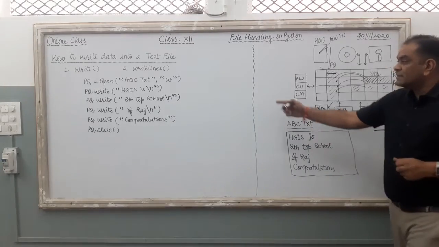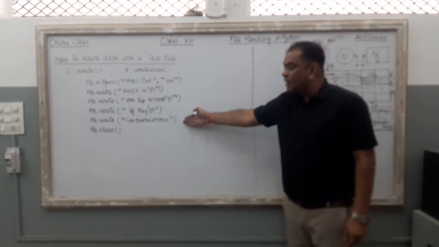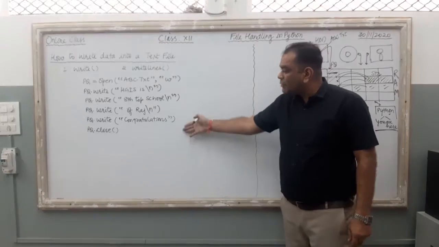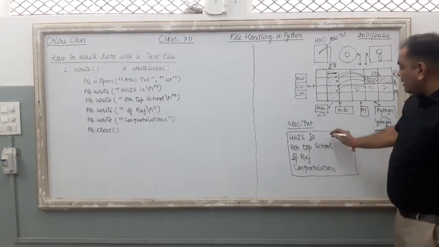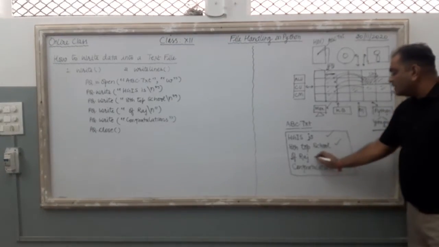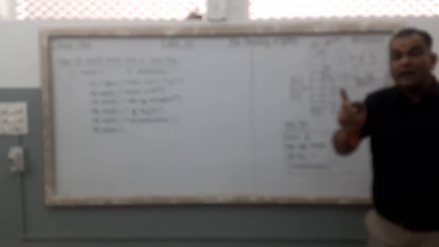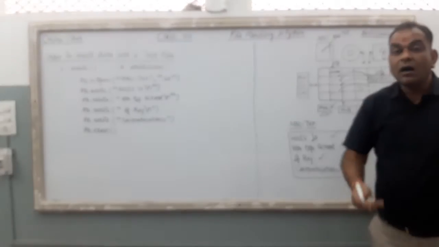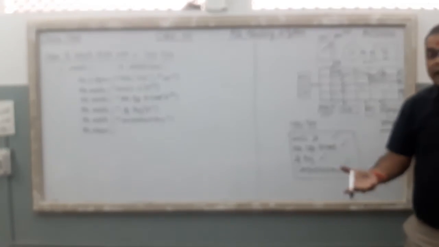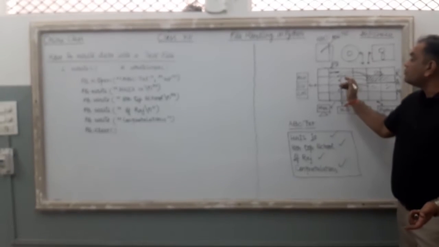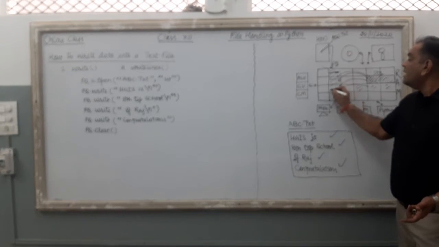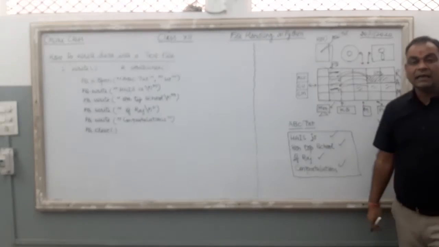text file. Now just see, when we supply this command, when we execute the program, computer writes this data like this one, right? This is the arrangement and this data is there inside the file object. अभी तक भी डाटा फाइल में जाके राइट नहीं हुआ, तो कब होगा? The question is, when computer is going to store the data, these 4 lines are there in this file object only.